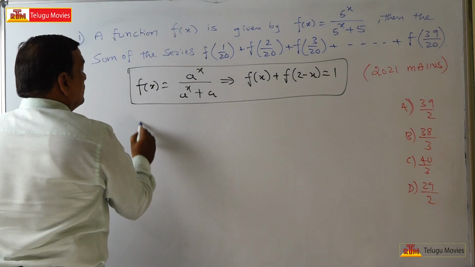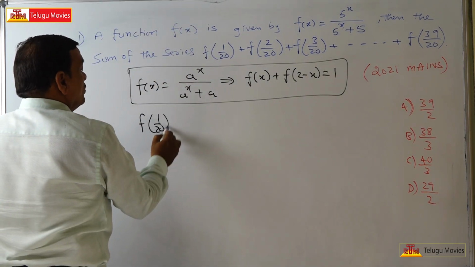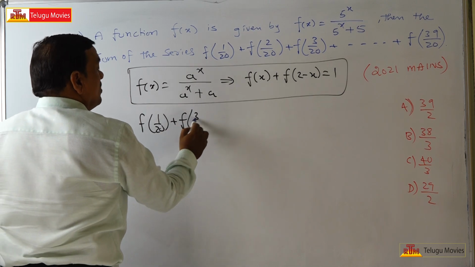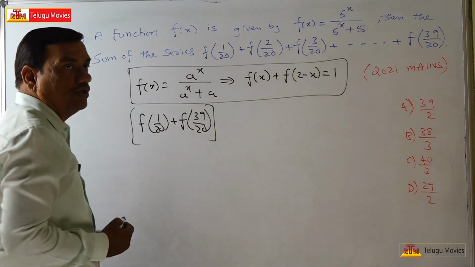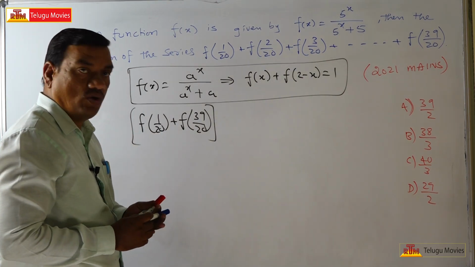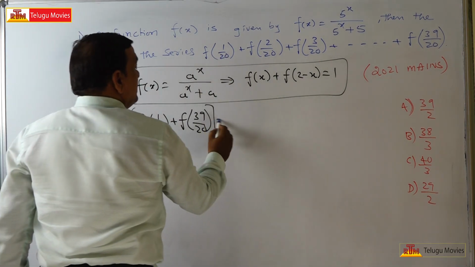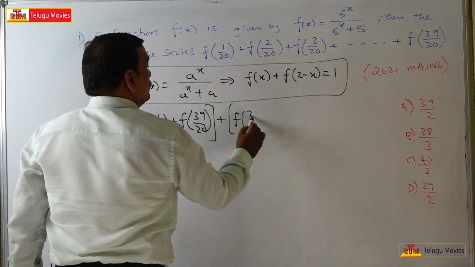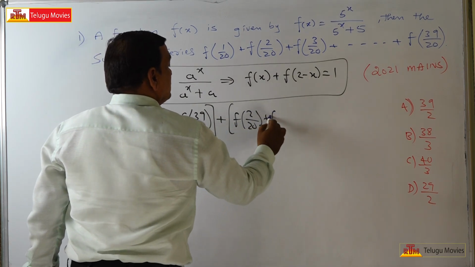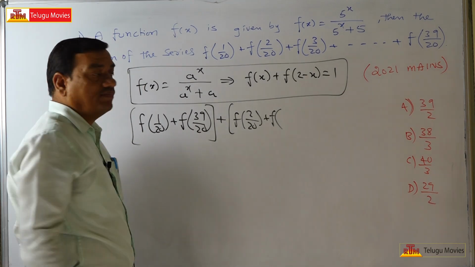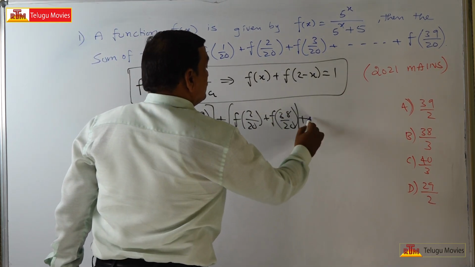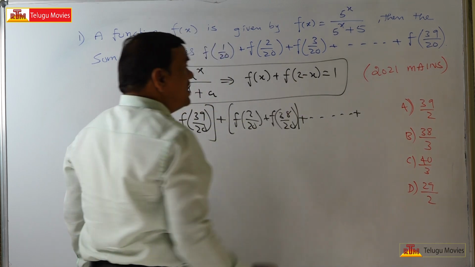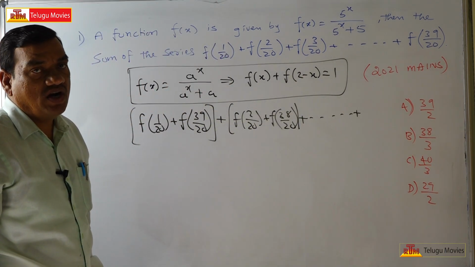See here, f of 1 by 20 plus f of 39 by 20, so you attach these two terms. Also f of 2 by 20 plus f of 38 by 20, and so on.